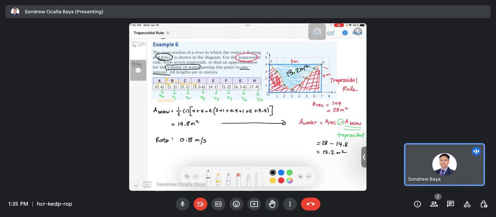Okay? And we wanted to find the volume of the water in 1 minute. Now, we have to convert the time into the same quantity. So in this case, it's better to convert the time into seconds. That means instead of writing 1 minute, we can just write 60 seconds.